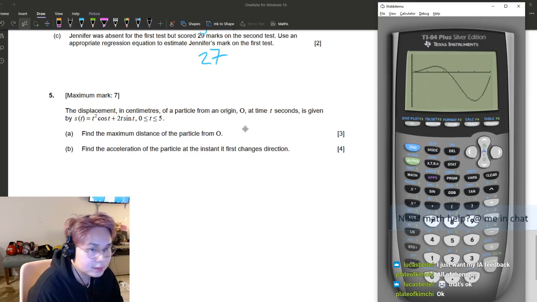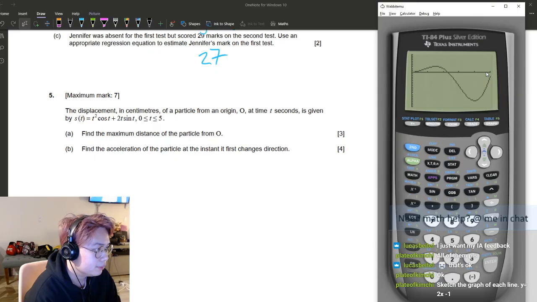Okay, so the maximum distance away from the origin would be the value of the function that is the furthest away from the center here. So this one is going to be the most that this particle will be from the right of the origin. However, there is a greater distance that the particle is to the left of it. So we need to find this.